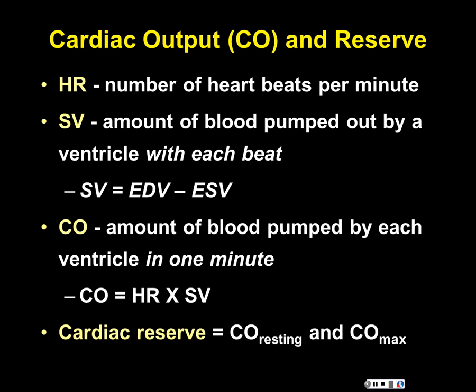And then, right, the difference between your maximal cardiac output and your resting cardiac output is called your cardiac reserve. In other words, the range of output that your heart could put out between resting and maximal exercising type of effort. Okay, so there's a range, lower and an upper end of cardiac output that your heart could do.